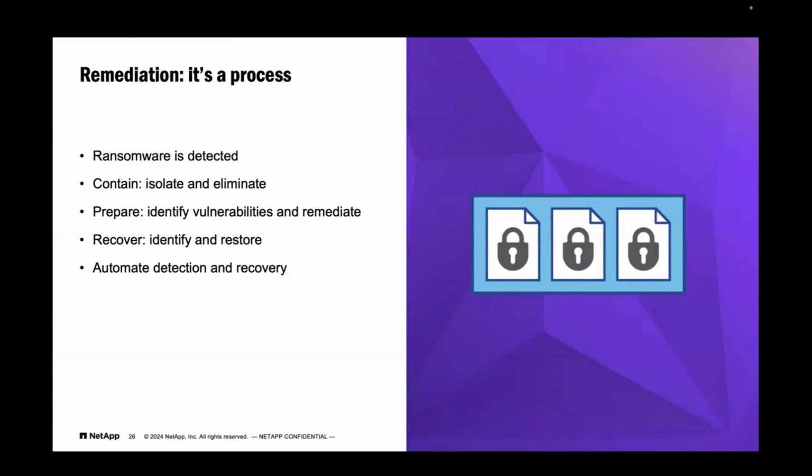All right, so this is quite easy. Once you know there's a possibility of a ransomware attack, you make sure you isolate and try to eliminate the threat, and then identify further vulnerabilities and make sure they're addressed. And finally, you can always restore from snapshot.